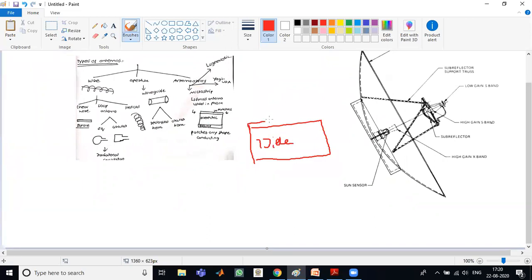On the top of the sections, we will be having the patches. These patches are responsible for the radiations. And at the bottom section, you will be having ground.